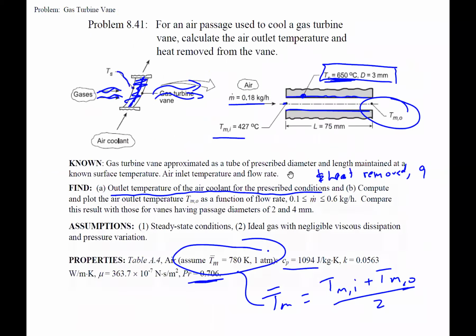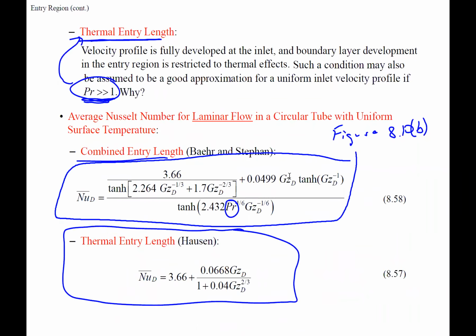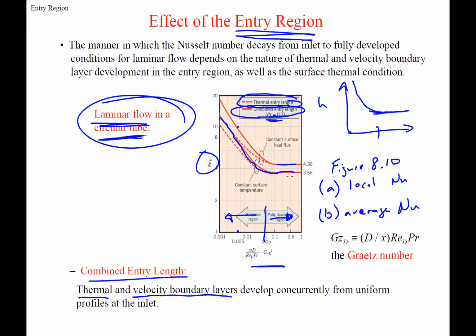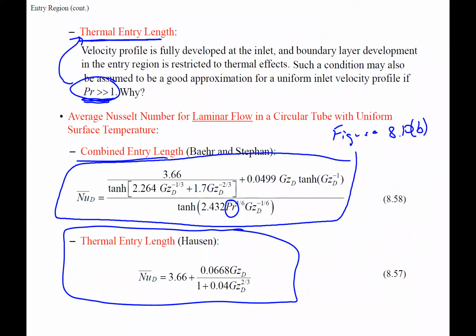So we have to go to our slides with that. We have entry region, laminar flow, circular tube, combined entry length. In this case, our Prandtl number is very close to 0.7, so we could use this figure, or we can use this equation right here. The figure is really good if you just want to calculate it once.